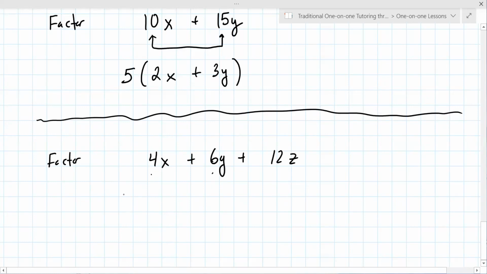It's always bigger than 1. 12. 4 is not divisible by 12.